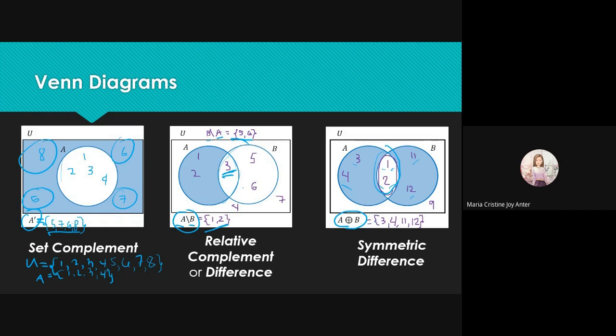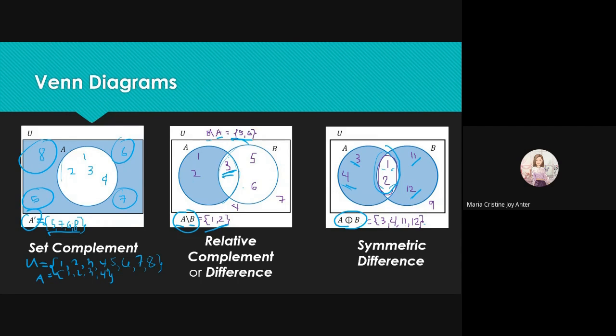Therefore, the symmetric difference between sets A and B is the 3 and 4 that remain from A and the 11 and 12 that remain from B. So A symmetric difference with B is 3, 4, 11 and 12. That is it: union, then remove the intersection.